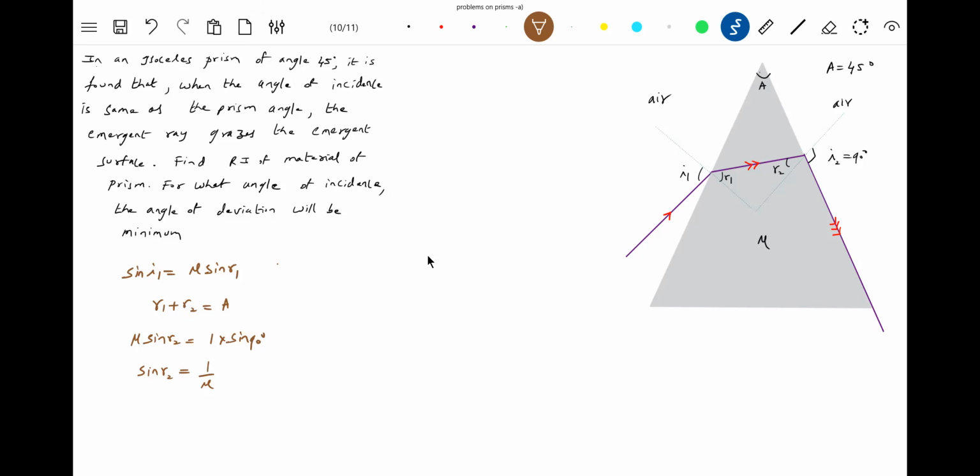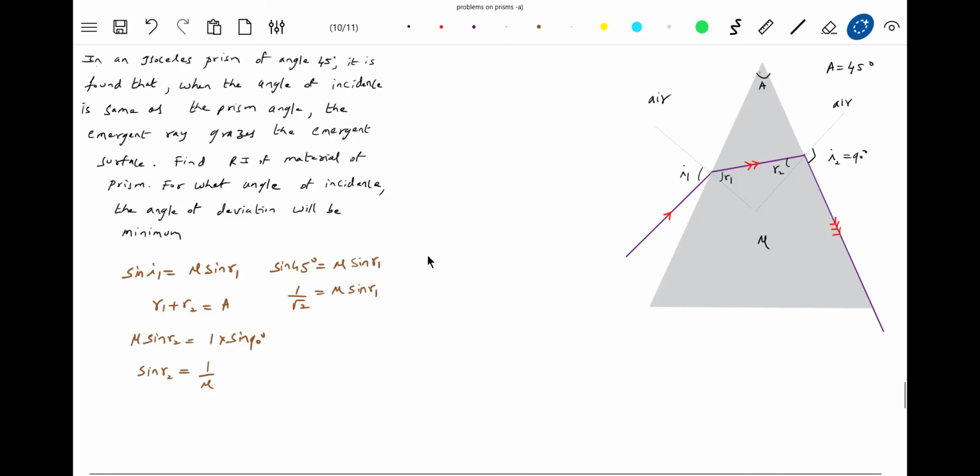Here it is asking the mu of the prism. We know I1. I1 is 45 degrees, so this will be sine 45. And we have R1 plus R2.